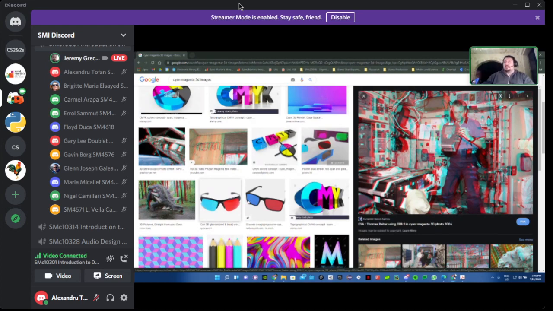So you'd only see the portion of the image which wasn't magenta. Similarly, on the other eye, you would only see the magenta image, because the cyan image would be absorbed. That meant you would be able to see one picture with one eye, another picture with the other eye, and therefore you would get the illusion of 3D.